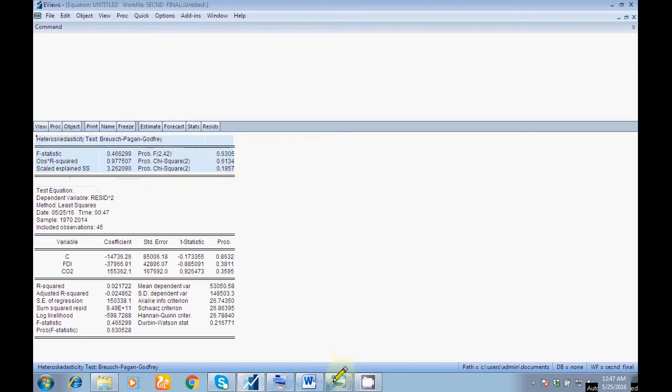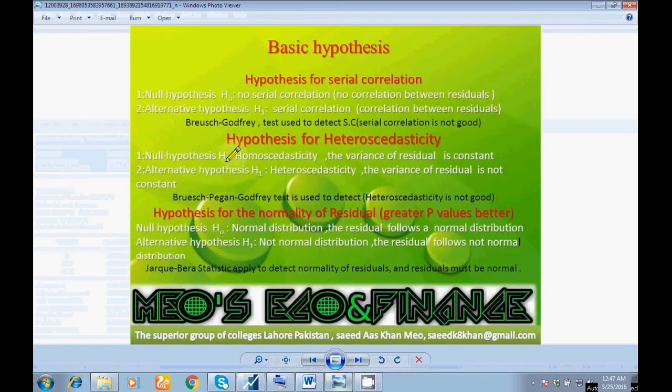So how can I make a decision about whether heteroskedasticity exists or not? Guys, look here. The null hypothesis is homoskedasticity: the variance of the residual is constant, which is good for us if we accept the null hypothesis. The alternative hypothesis is heteroskedasticity: the variance of the residual is not constant.